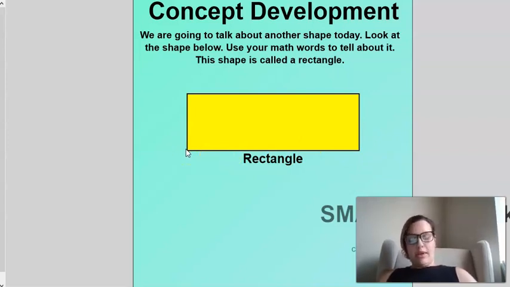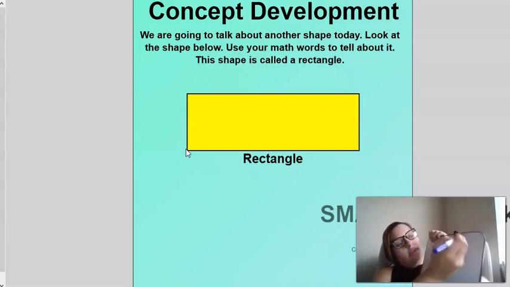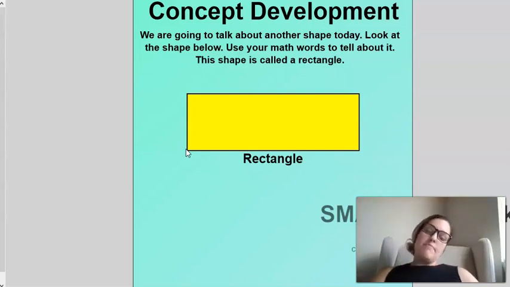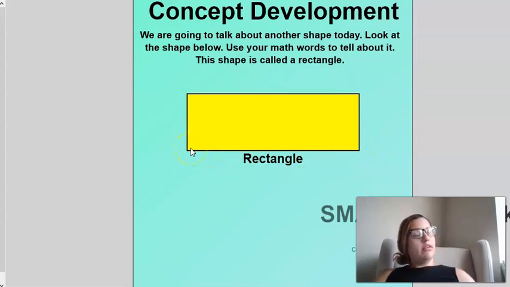I'm going to write that on our whiteboard here. 4 points. Okay? And let's count how many sides. 1. Remember, a side is a point to another point. 2, 3, 4.